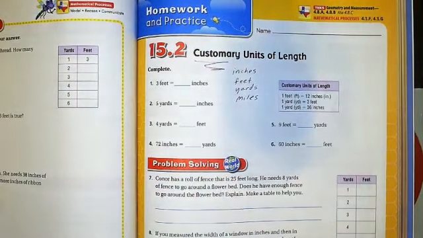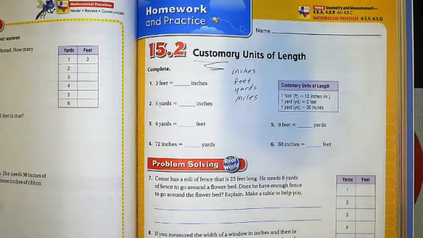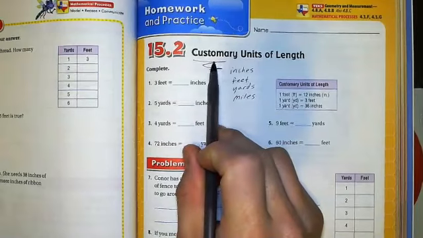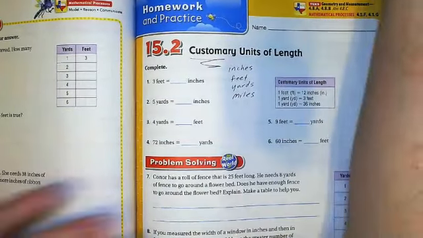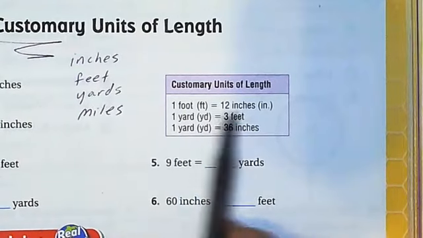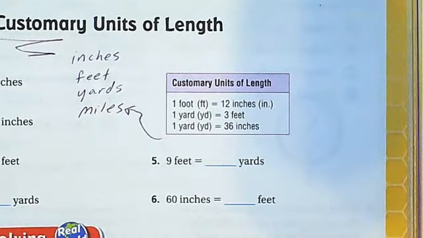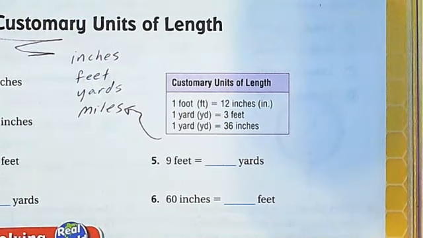Metric is when you get into meters and millimeters and all that kind of stuff with the metric, the millis and the decis and the kilos. Okay, that's metric. But for customary, this is what we use in the United States. So if you look at this chart here they have for you, nothing too bad. I mean, literally there's three things to look at. The only thing they don't have is miles. So you got a pretty easy job for this today.